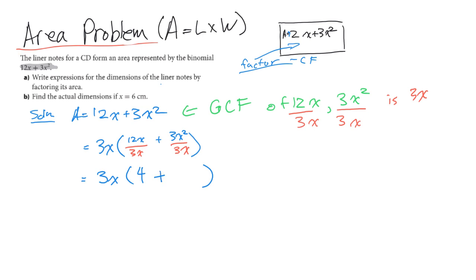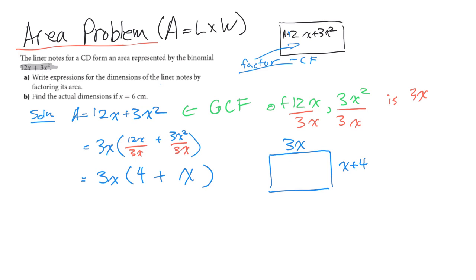And then we have 3 divided by 3 is 1. So nothing. And then we have 2 x's divided by an x, and you're left with a single x. So we end up with 3x times x plus 4. So that means for our graph, we have 3x for one dimension and x plus 4, or 4 plus x, being the other dimension.